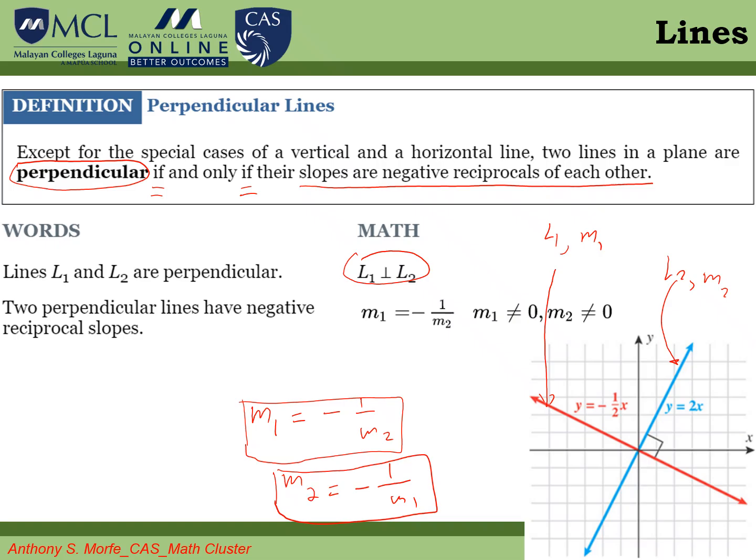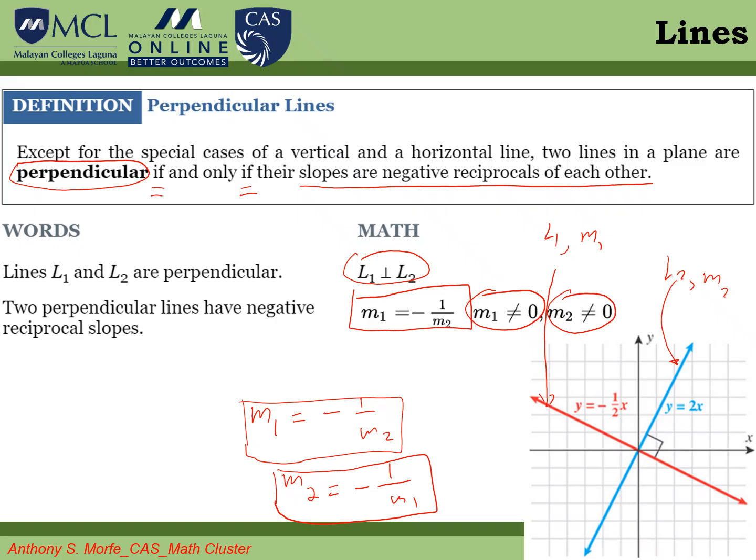Okay, so I hope it's clear to you, class. When you speak of perpendicular lines, one slope is the negative reciprocal of the other, and vice versa. Take note, class, that M1 must not be equal to 0, or M2 must not be equal to 0.